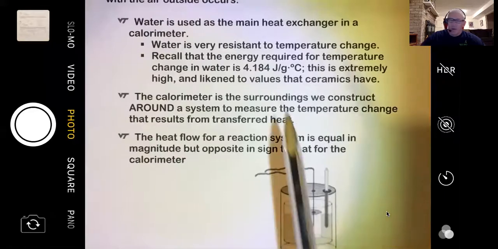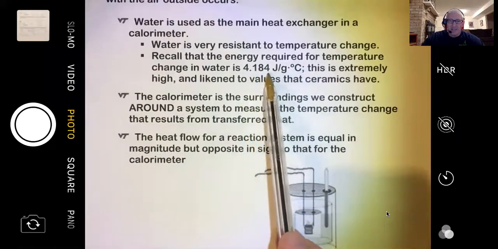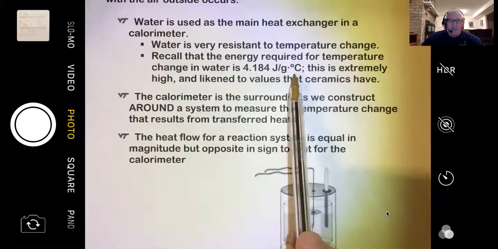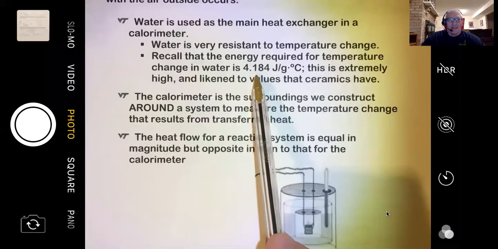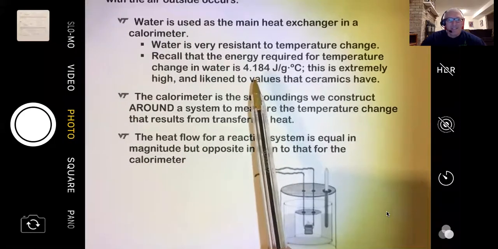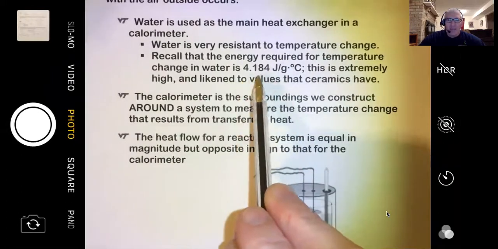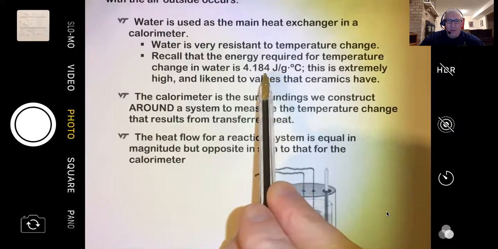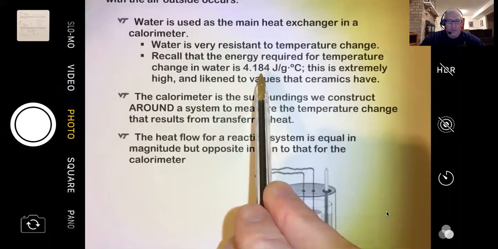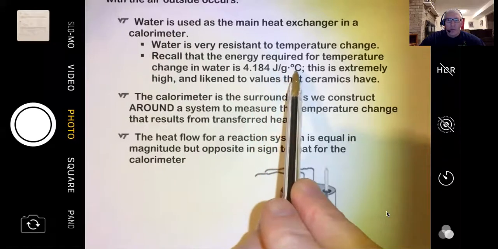And the reason that we use water is because it's got this huge, what we call specific heat. And we're not going to get too deep into this. But this specific heat of water is telling me that for every gram of water that I have, it's going to require 4.184 joules of energy to change that 1 gram of water by 1 degree Celsius in temperature.